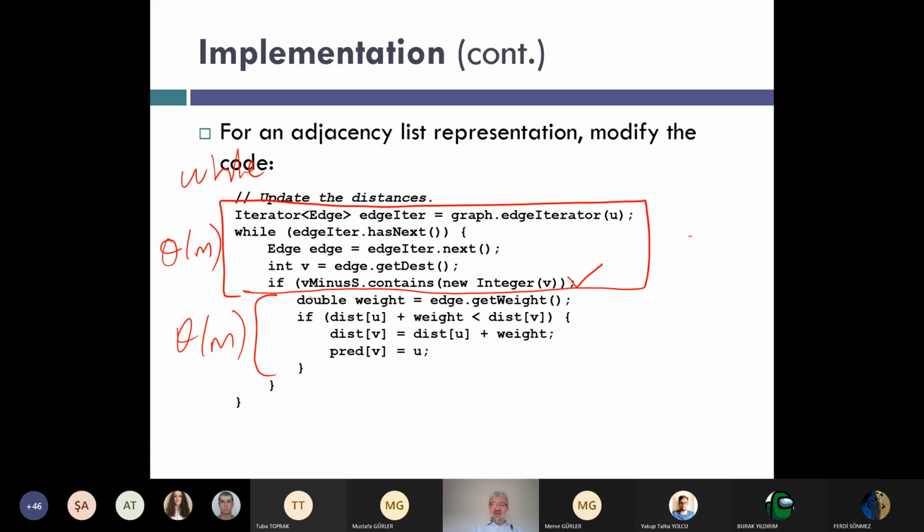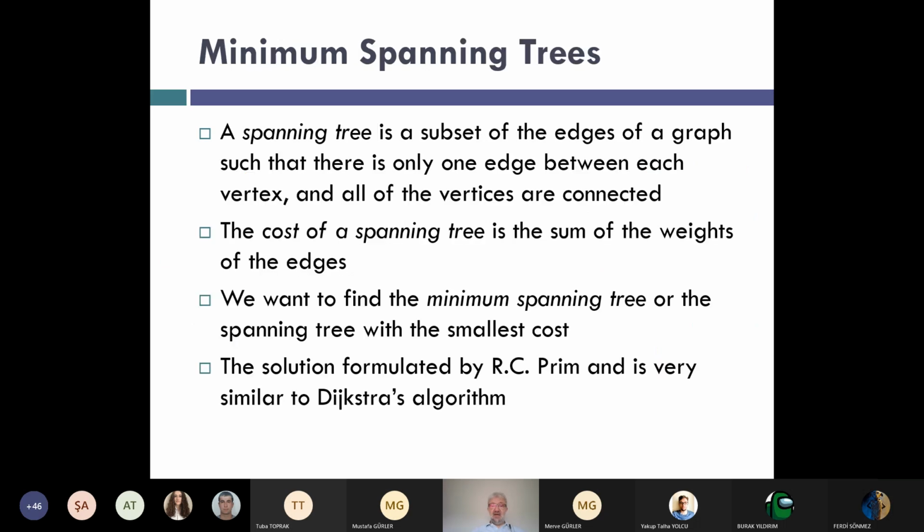If you use this for adjacency matrix, this line will be theta n squared. And this one is theta m still, but it is still not good for adjacency matrix. For a different representation, you have to modify your implementation to take advantage of the representation.